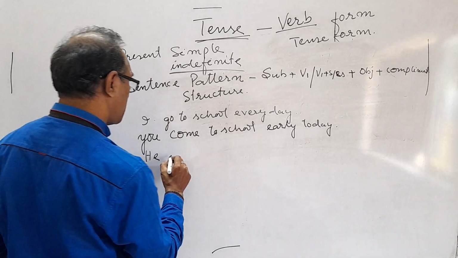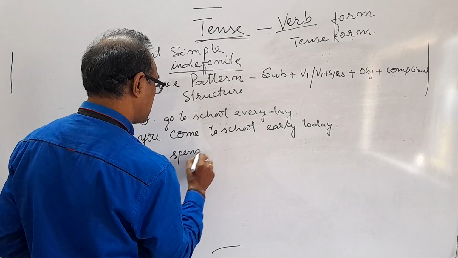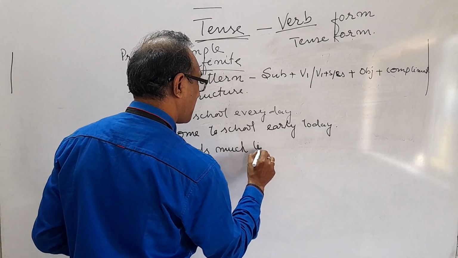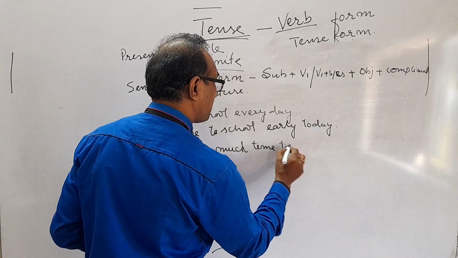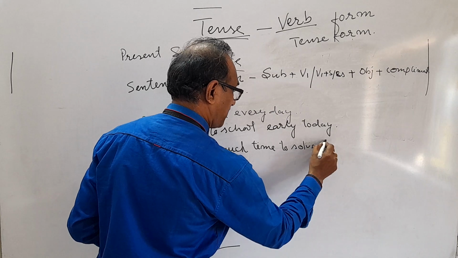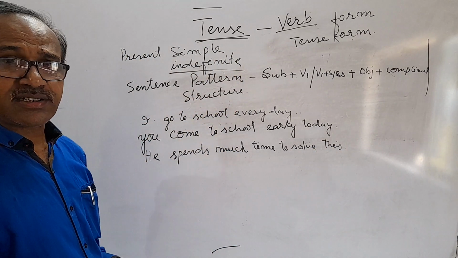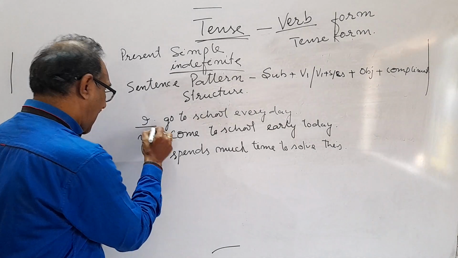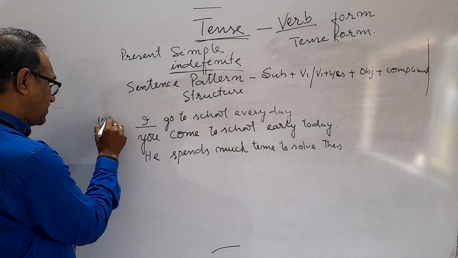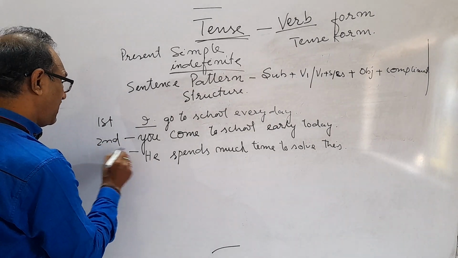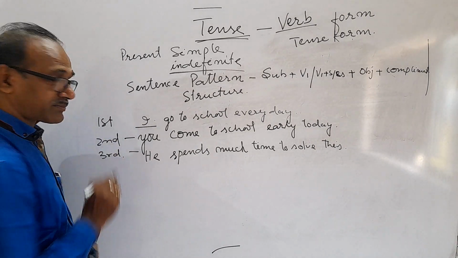He spends much time to solve this. Okay, these are varieties of sentences, and here this I is the first person, you is the second person, and he is the third person.